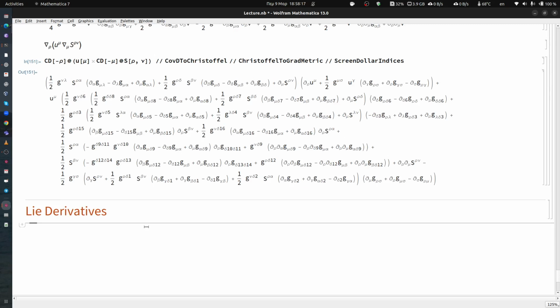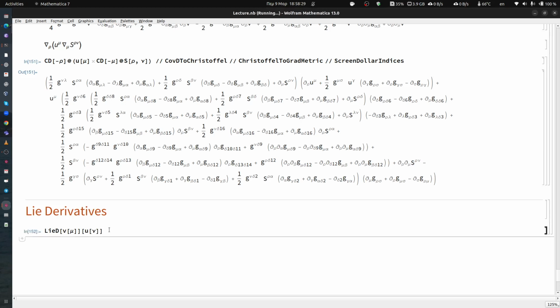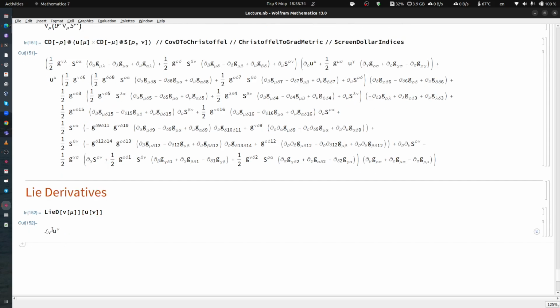Lie derivatives are also available with the xTensor package. We can take the Lie derivative of the vector u in the direction of v using this expression here. You see the output form is easy to read. So v here is the vector with respect to which we are differentiating, and here we put any tensorial expression that we might like to differentiate.